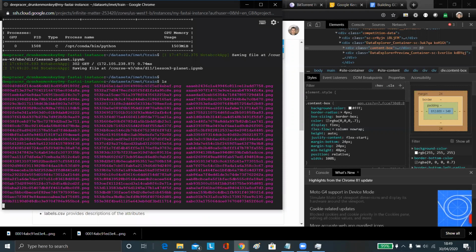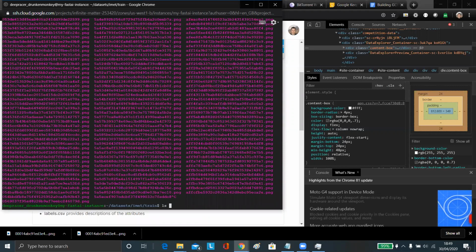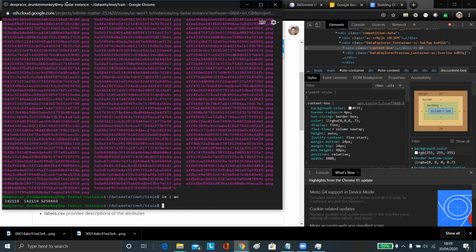So Control-C, and let's do ls piped to word count. Can anyone remember how you do it? So let's do ls.